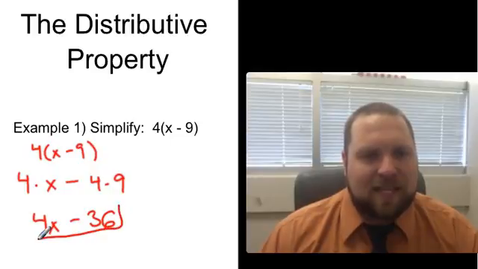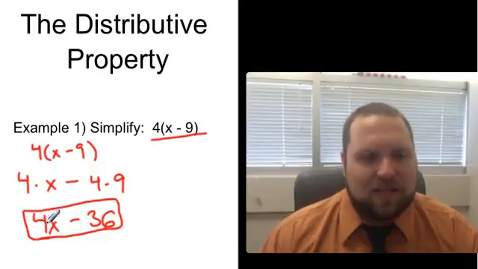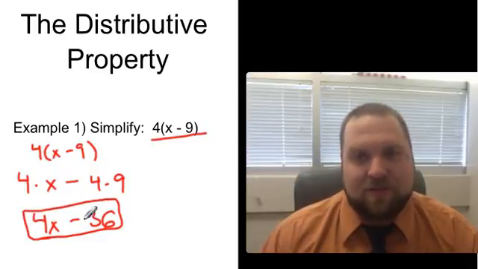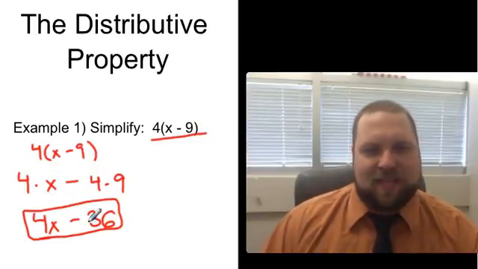And now I've taken what was a more complicated expression and simplified it down into just a linear term and a constant term. And so this is why we call it simplification.